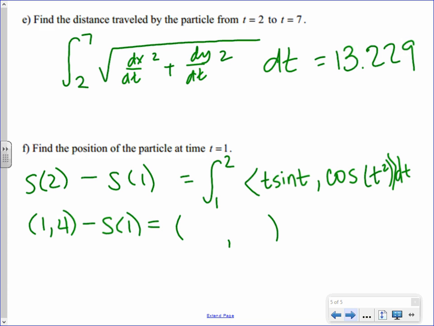I'm just wanting you to take the integral from 1 to 2 of the horizontal component. So the displacement of the horizontal. 1.44. 1.44. And negative 0.44.